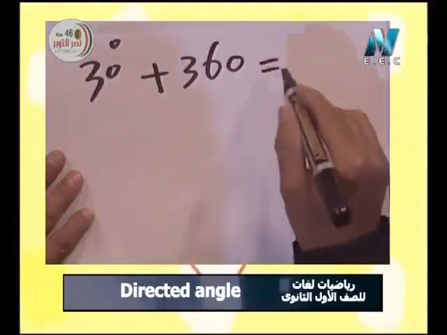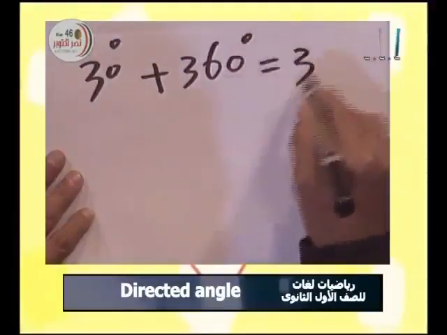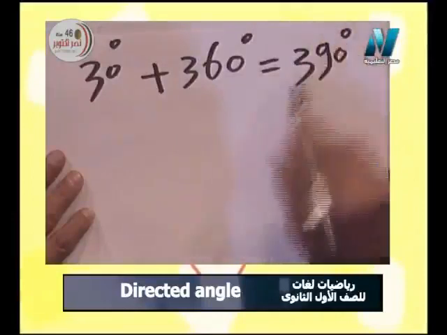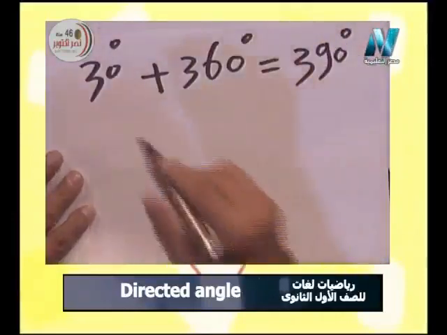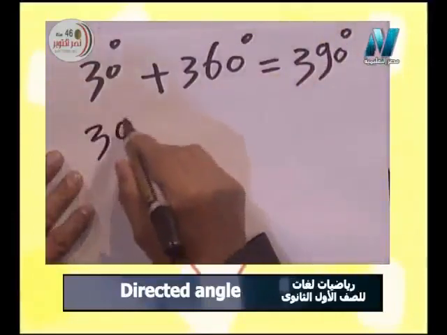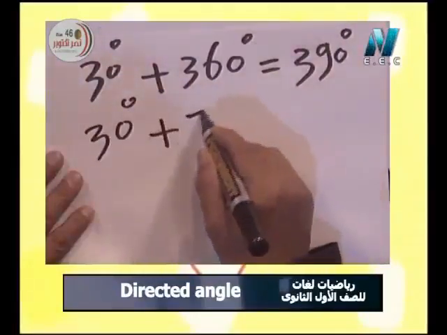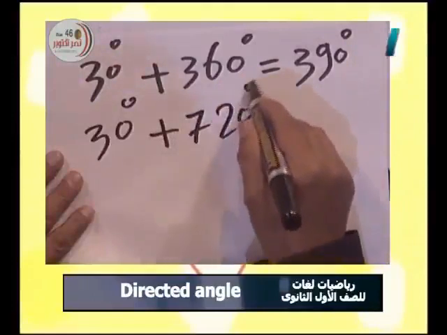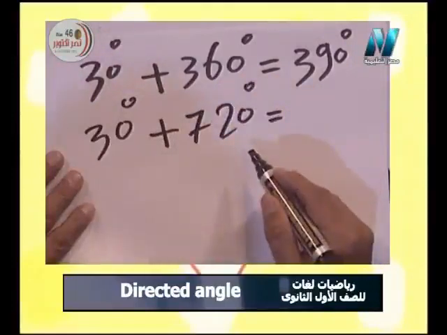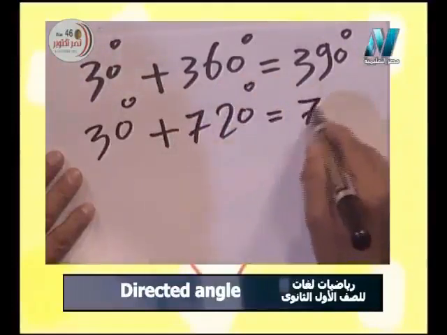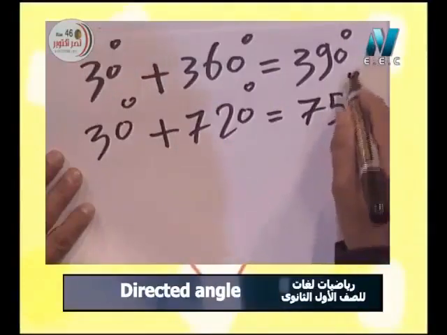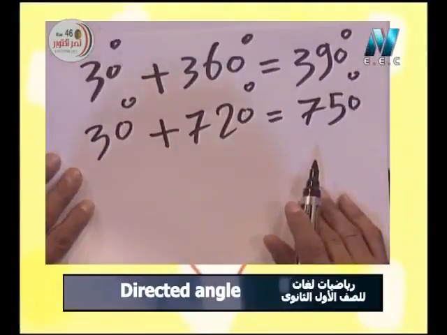The answer will be 390 degrees. And if we add 2 rounds to it, 720 degrees, the answer will be 750 degrees, and so on.